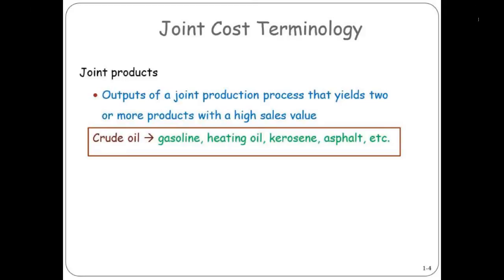Those would be joint products. One thing you can see as you break down crude oil is that some of its products come in a liquid form, but asphalt is a solid. And so it makes it a little bit harder to allocate the costs when the basis upon which you would view them is different.